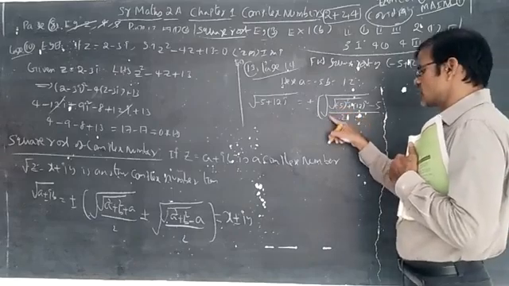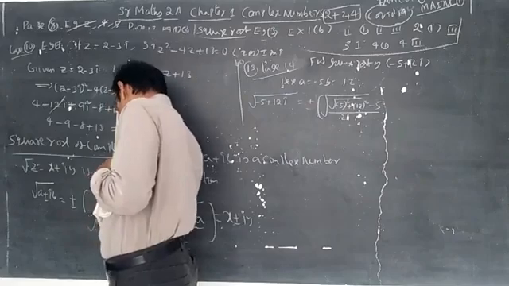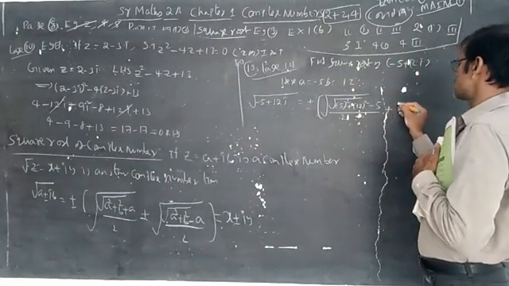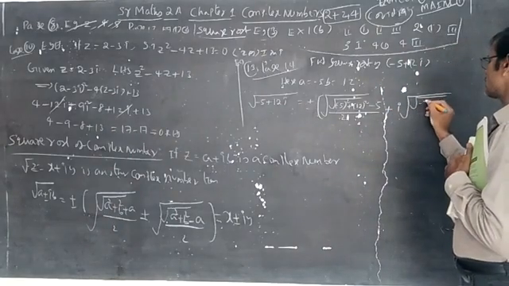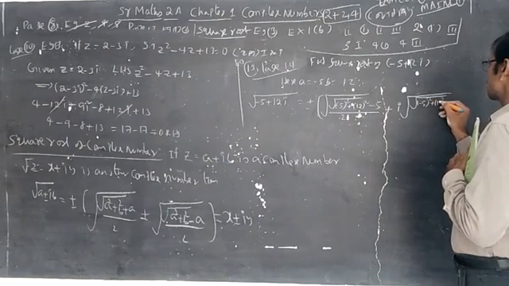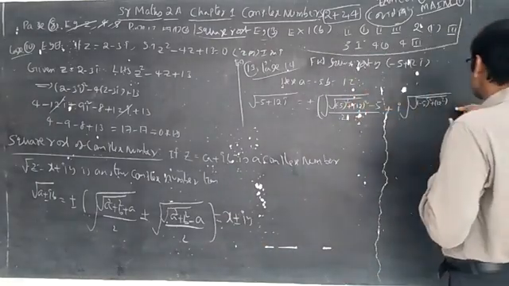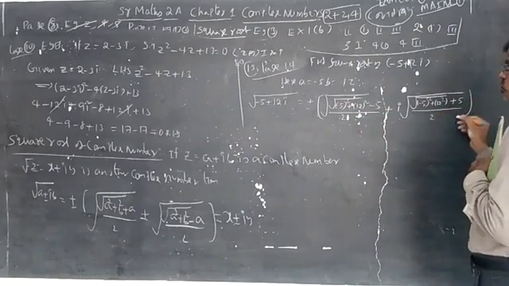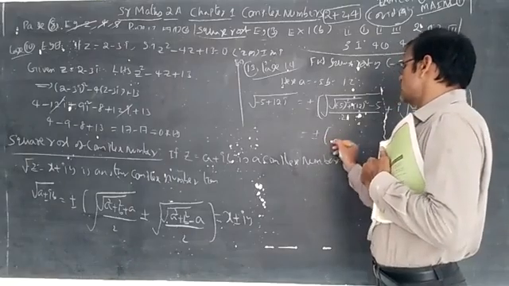The square root is there for the denominator 2 also. Plus is there in the middle, put plus here, and i times root of a square plus b square, so minus 5 whole square plus 12 whole square, here minus a, minus of minus becomes plus 5, whole by 2. This root is our root.